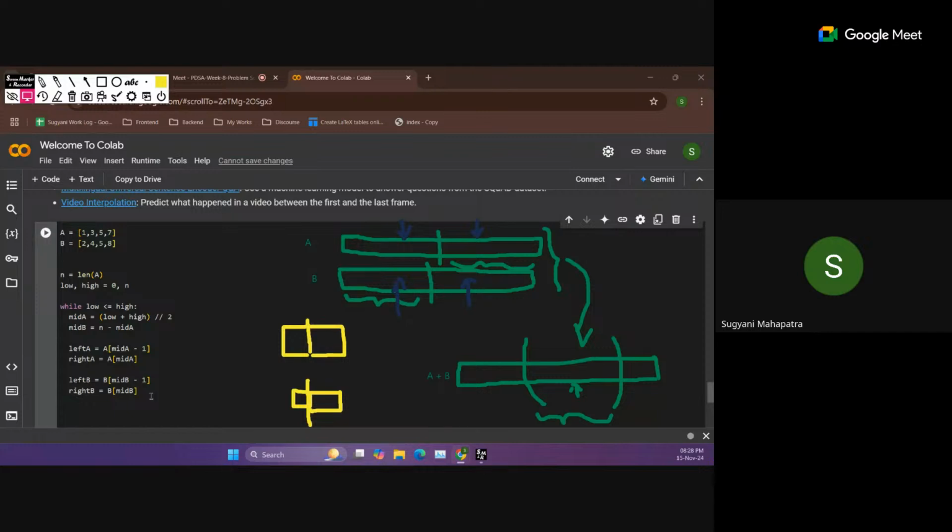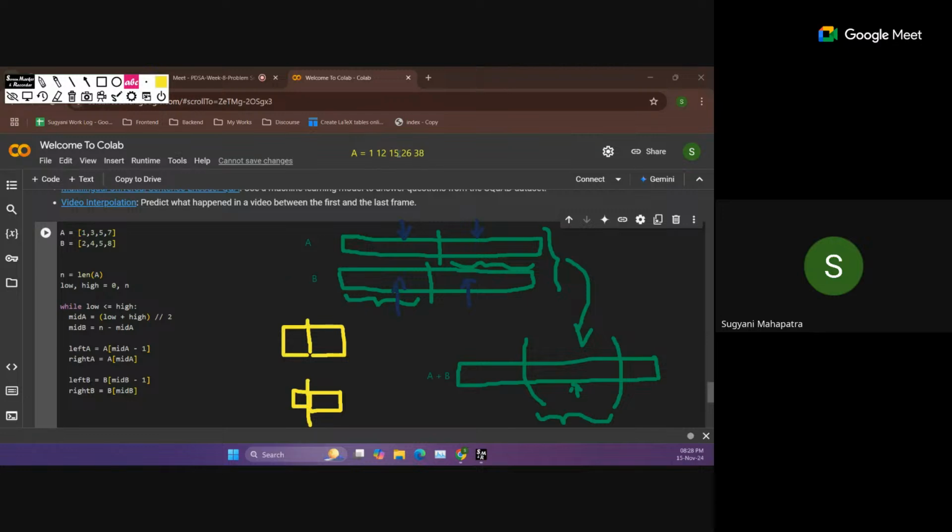This is the problem statement. These are the two arrays. Array A is equal to this. It will be true if elements of array A are less than elements of array B, but it is not necessary, right?